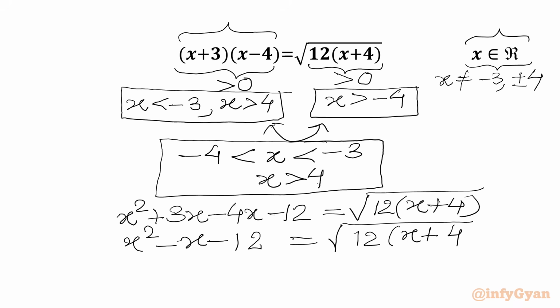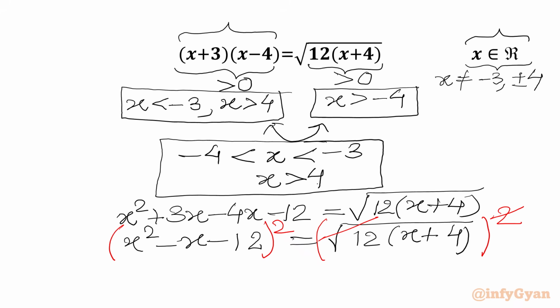Now to eliminate the square root from RHS, we need to consider squaring both sides. So we will write here power 2 on both the sides. Now square root and square will cancel and we will get the equation x square minus x minus 12 whole square equal to 12 times x plus 4.